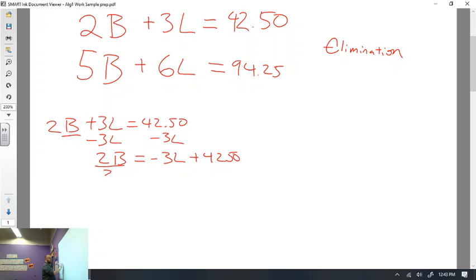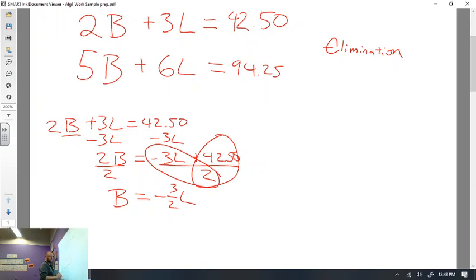And then I would have to divide by 2. B is all of this on the right-hand side here, but because we have 2 terms being divided by a number, we have to divide the first term by 2 and the second term by 2. Boom. And so now we've isolated B.